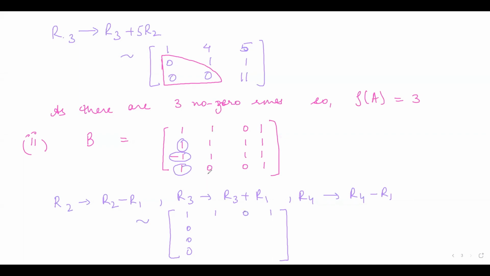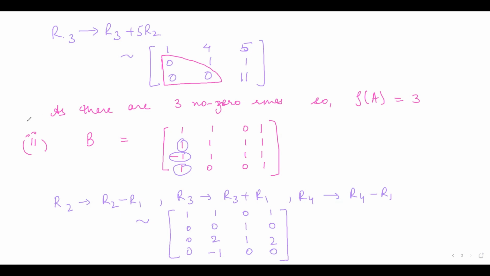So 1 minus 1 again 0, 1 minus 0 is 1, this is 0, 1 plus 1, 2, 1, 2, this is minus 1, 0, and this is 0. So this is what I am getting after the first set of elementary row operations.